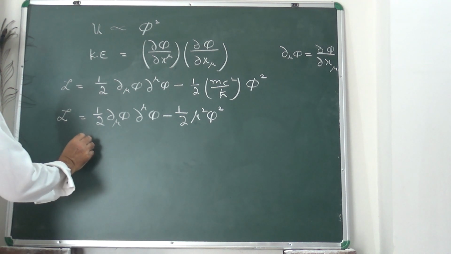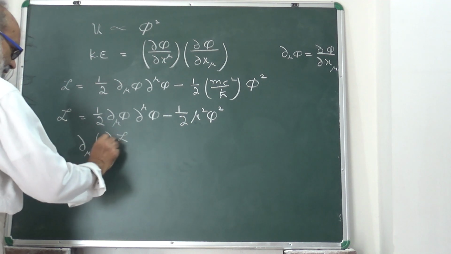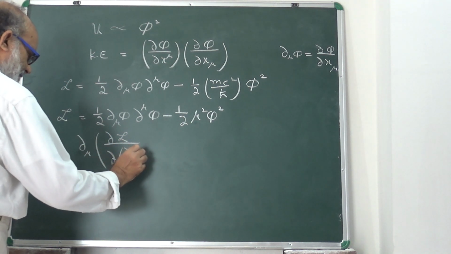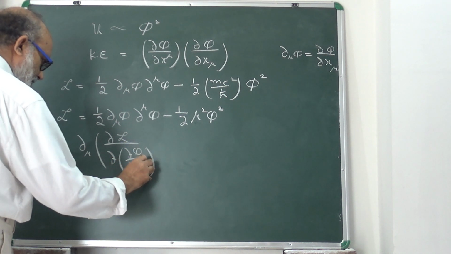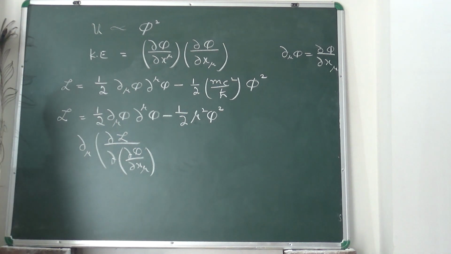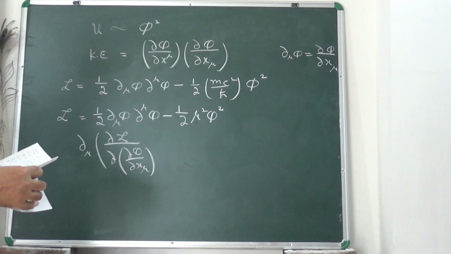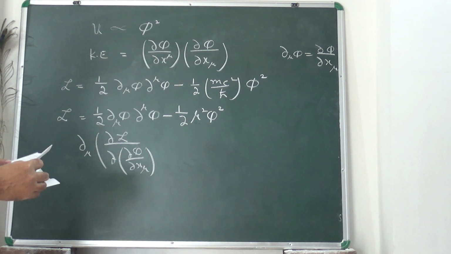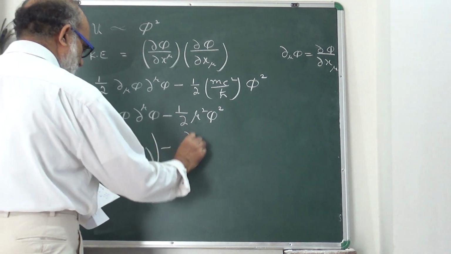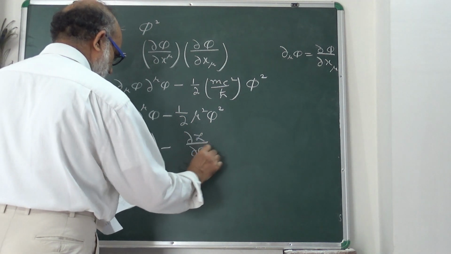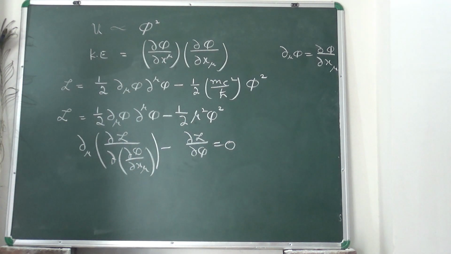The equation of motion for that is del mu of del L by del of del mu phi, minus del L by del phi equals zero. This is our Euler-Lagrange equation for fields.